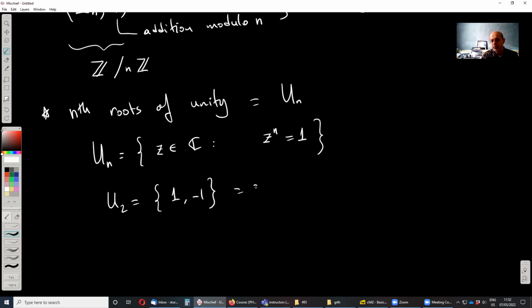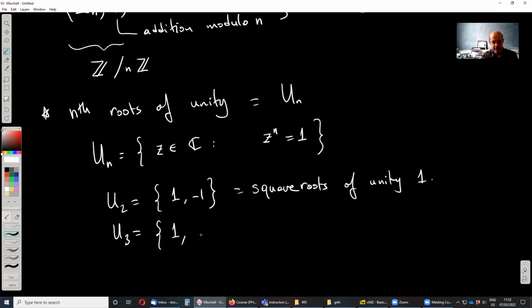These are the square roots of unity. Right? This is the set of numbers where the squares are equal to 1. And then we have the cube roots of unity. In that case, there are 3 of them.